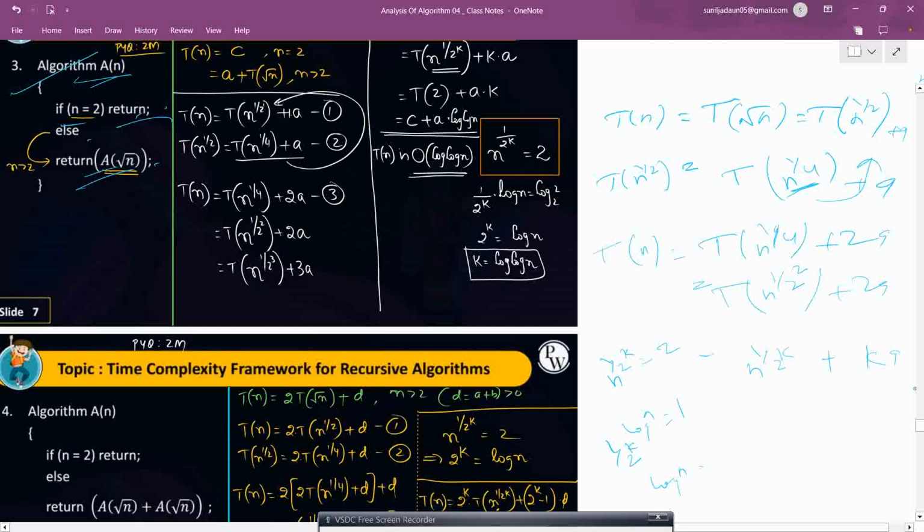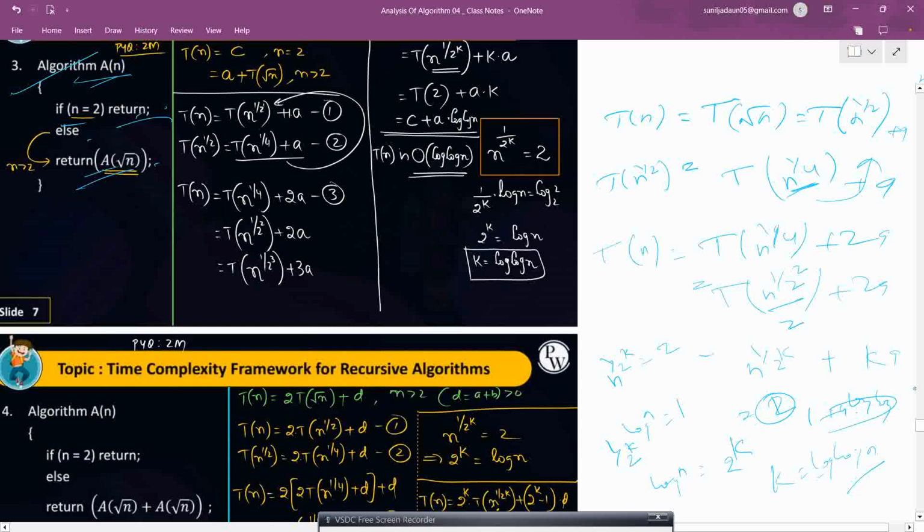Log n to the power k, and k is equal to log n, right? So this will become 1 or 2, I think, plus log n times.